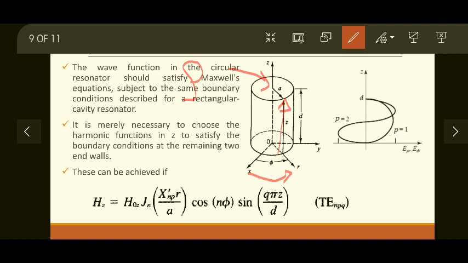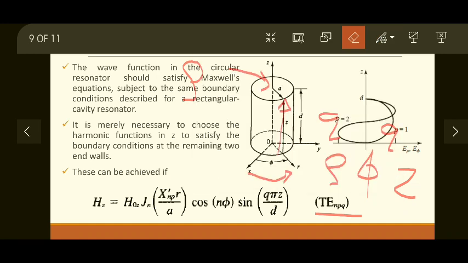In that case, how will the half wave be observed? Let's see. There is a slight correction here. We are using the notation n, p and q for rho, phi and z. So this is q equal to 2 and q equal to 1.